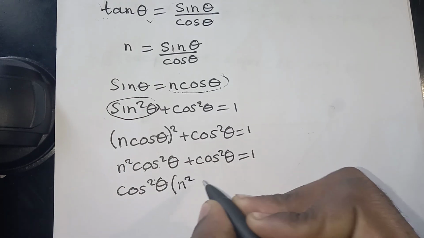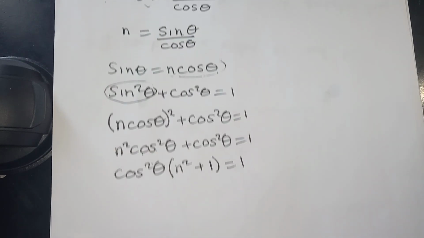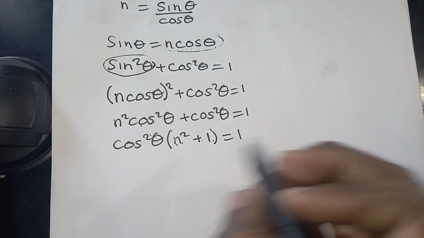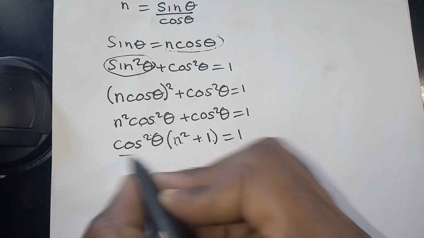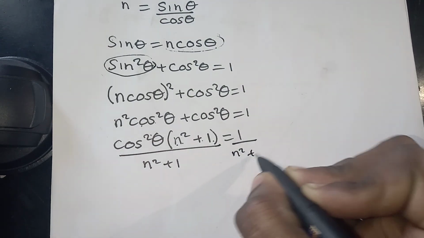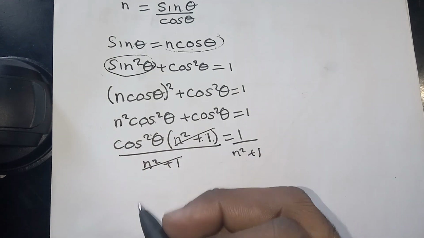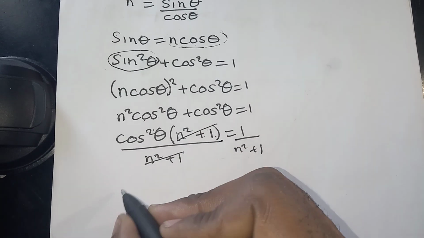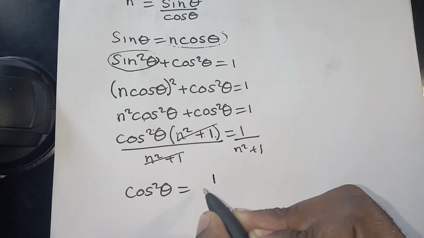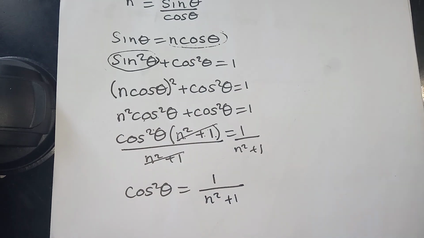This one will be n squared plus 1. Then this is equal to 1. Then we can divide both sides by n squared plus 1. So that this one will divide with this. Then you have a 1. So you have cos squared theta is equal to 1 over n squared plus 1.